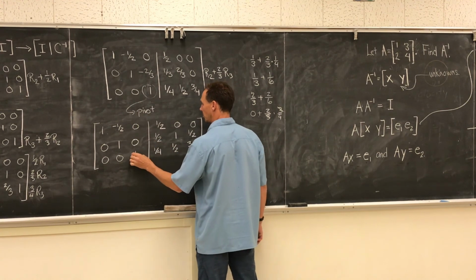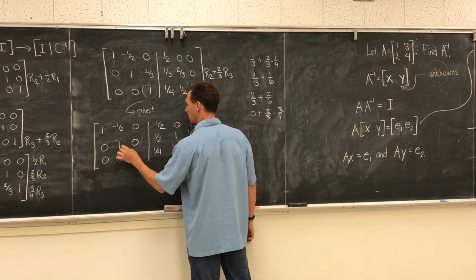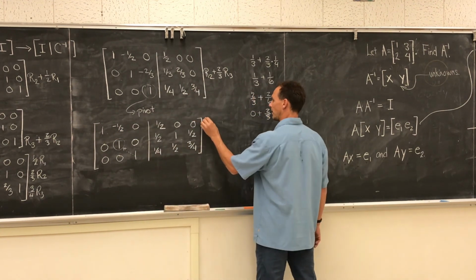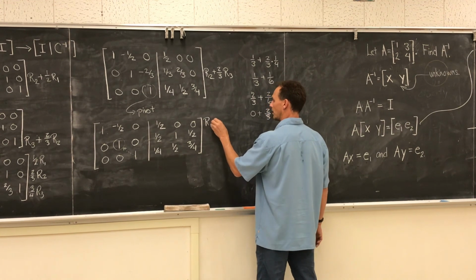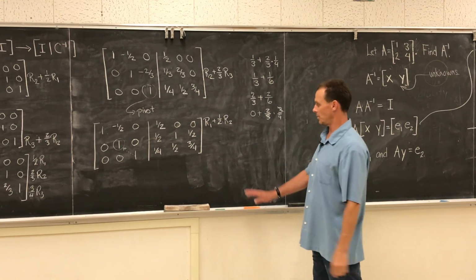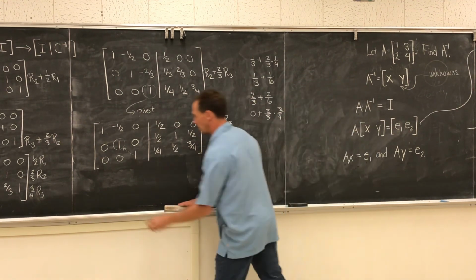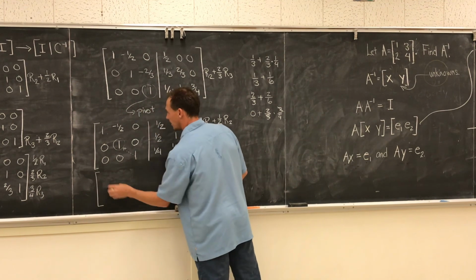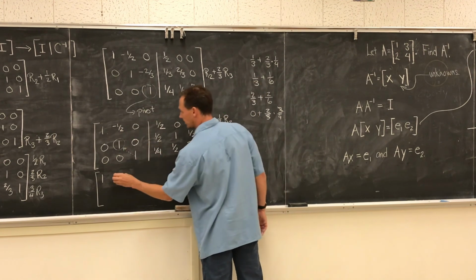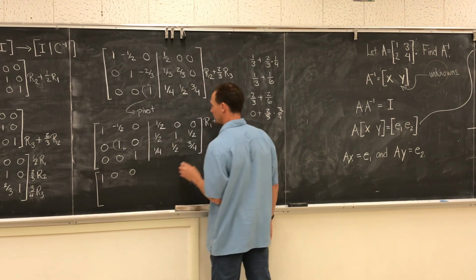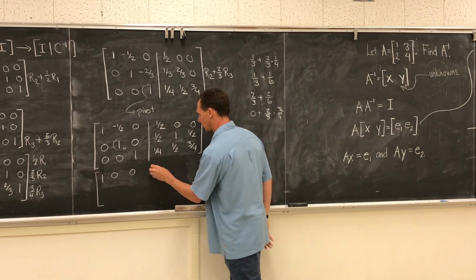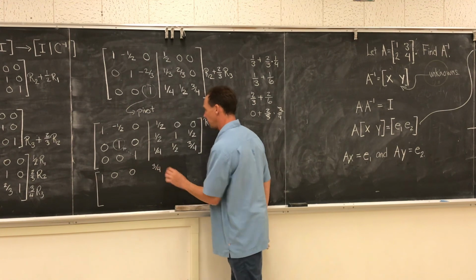We move back up the diagonal. Our new pivot, all I need to do is get that negative 1/2 to a 0, and we're done. So I need to work on row 1. I'm going to do that by adding half of row 2. Put my result right here below. So this is going to be a 1. Then minus a half plus a half is going to be a 0, 0. This is going to be 1/2 plus 1/4 for 3/4.